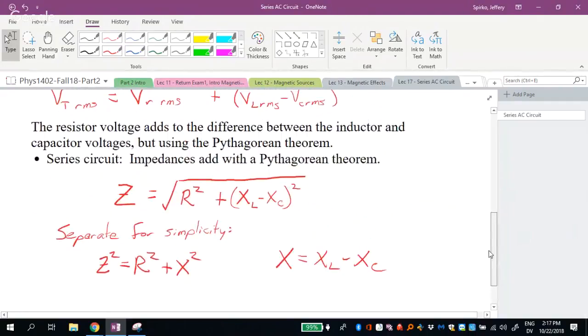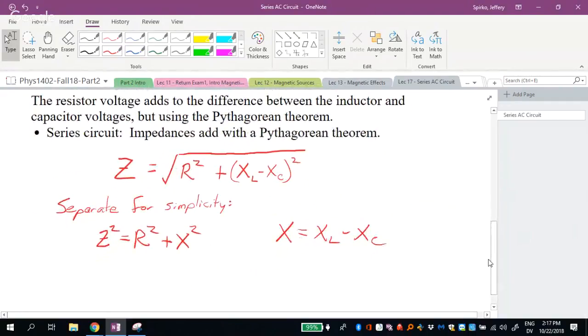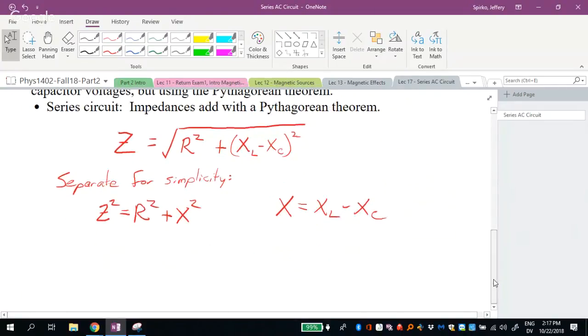So now that I have all of these formulas laid out, is there a graphical or a mnemonic way of thinking of this? There is.